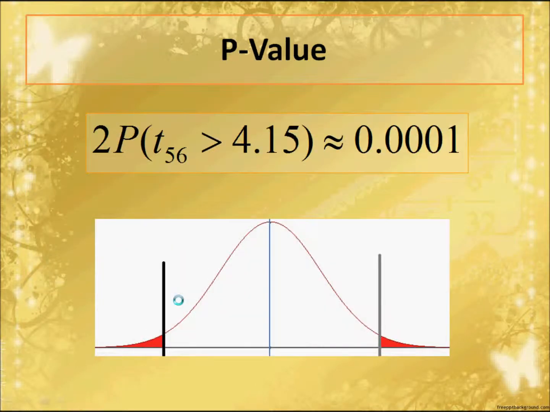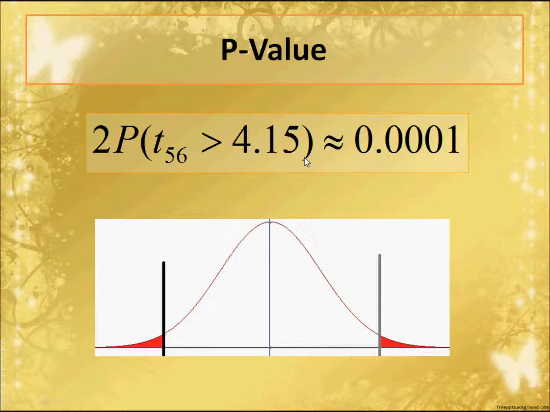Next thing is to find my p-value. Here it's a two-tailed test. So when I write my notation, it's going to be 2 times the probability that t, with degrees of freedom of 56, is greater than 4.15. The reason I use greater than is because my t-score was positive.